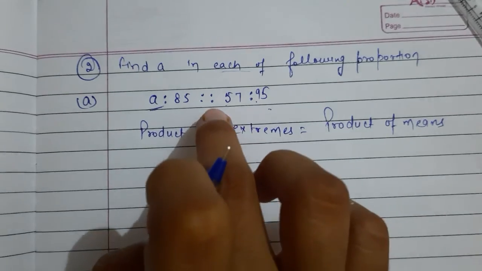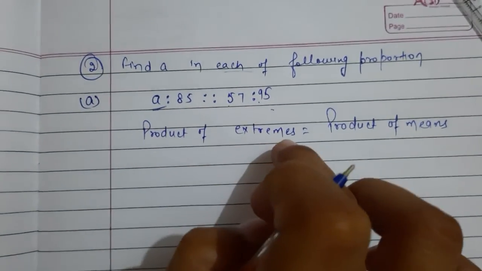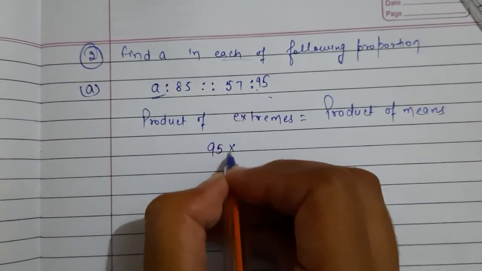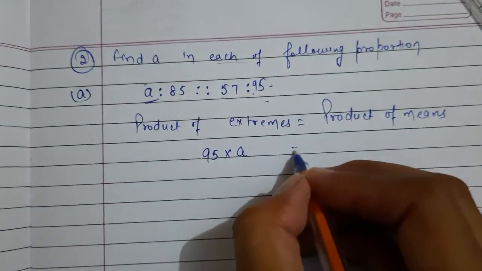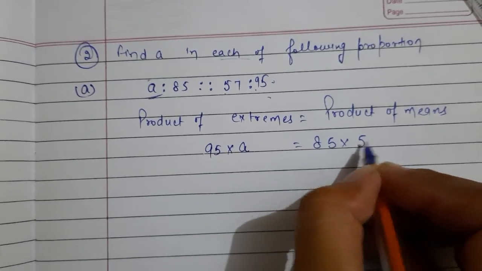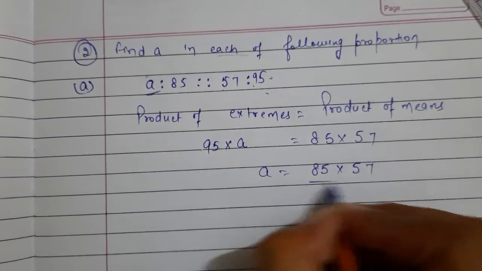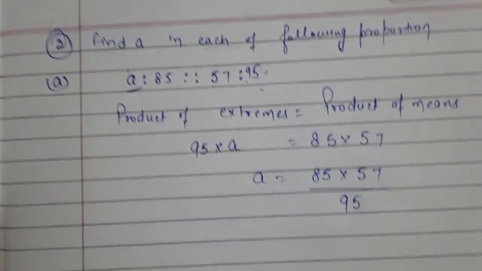The opposite we can also say: if they are in proportion, then the product of extremes is equal to the product of means. So the product of extremes 95 into A, these both, here 85 into 57. So A is equal to 85 into 57 by 95.